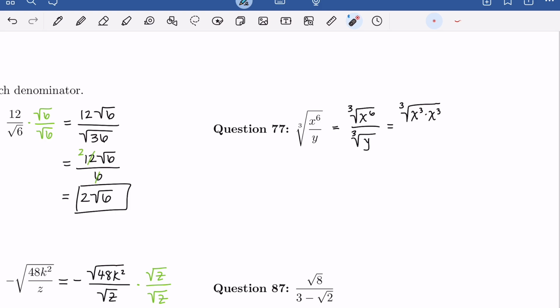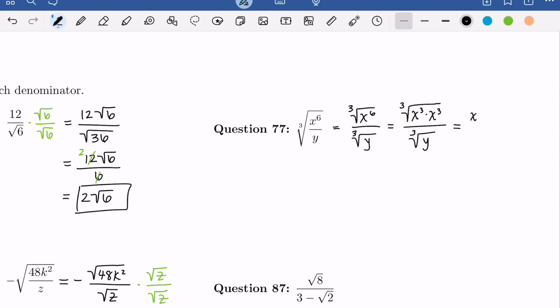So we're going to have that in the numerator. And our product rule tells us this is the same thing as the third root of x times the third root of x. So we're just going to end up with x times x in the numerator. So this would be x squared in our numerator. And then in our denominator, we still have this guy.